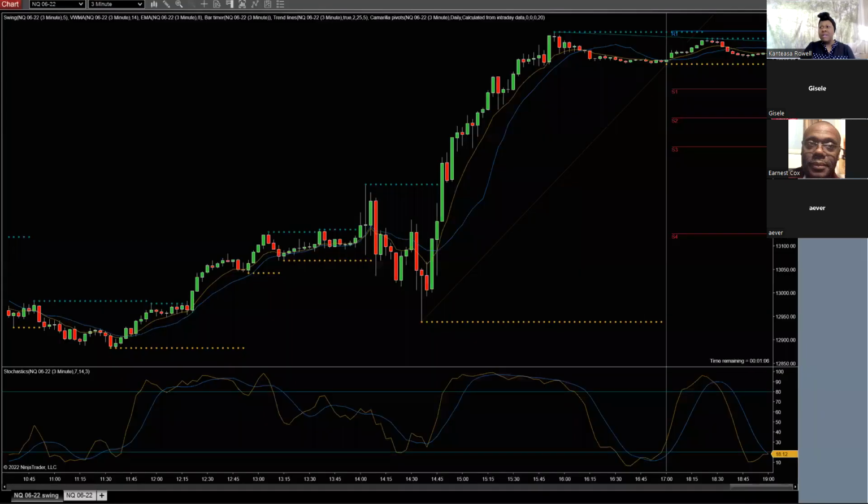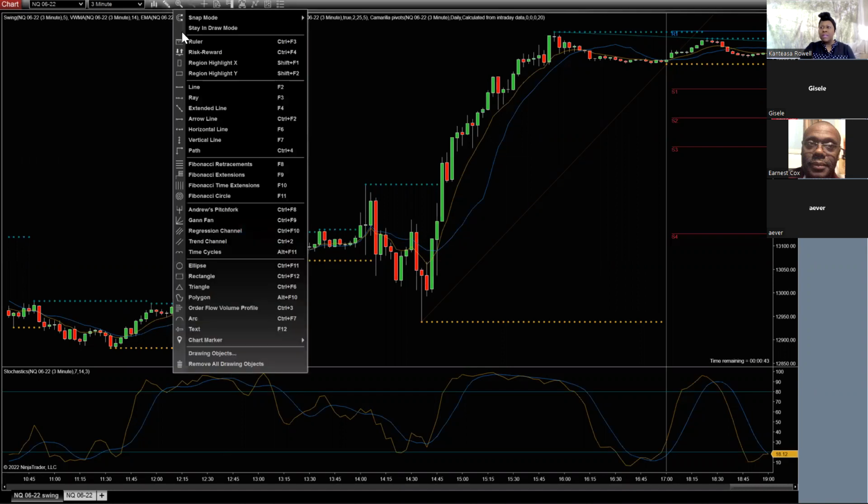Type a 3 in the chat box if you are able to see my chart, please. Okay, great, I am seeing 3s. So here, drawing tools. If you click on there, there are lots and lots of tools that you can use to do all different sorts of things.